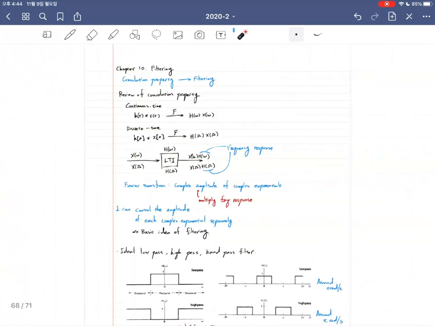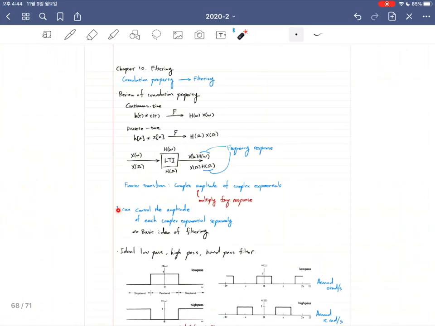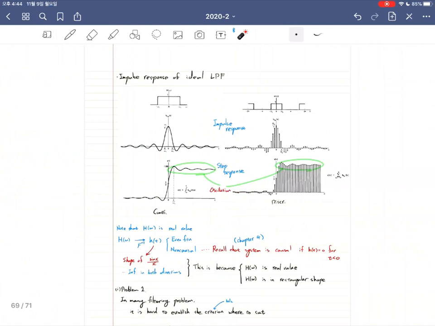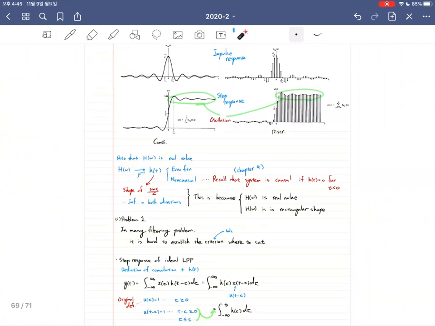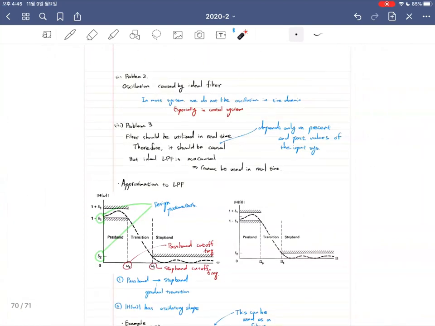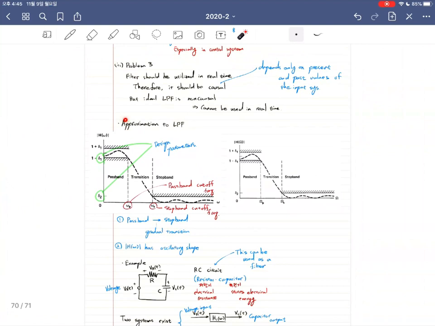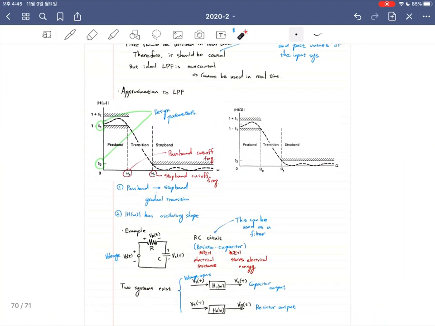Today we entered this filtering part, and we already know the basic stuff for filtering, and we have been through the problems of this ideal LPF. So we try to approximate this LPF, and the RC circuit was our first example.